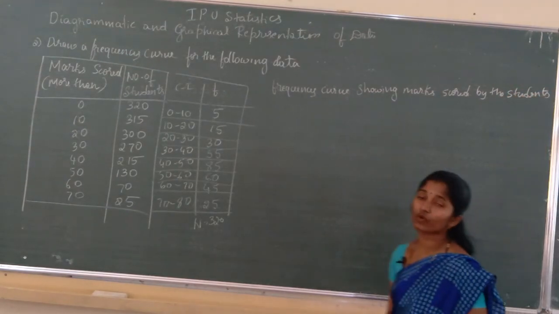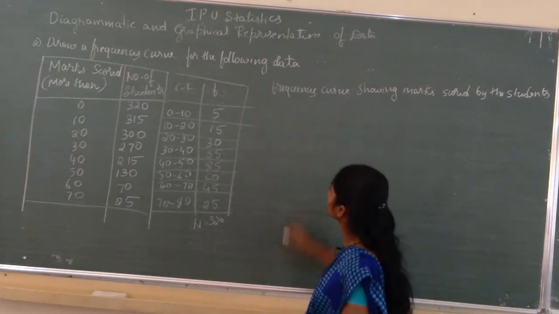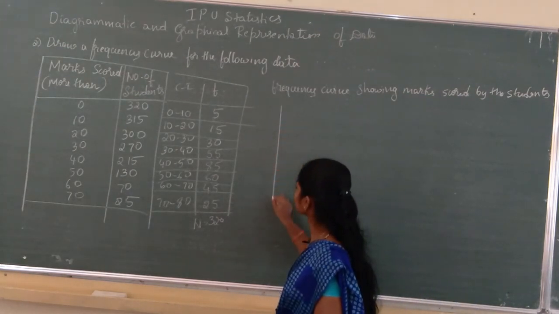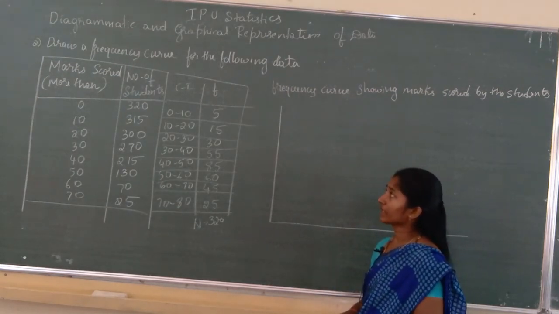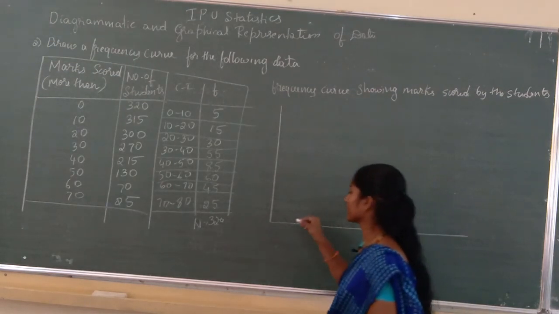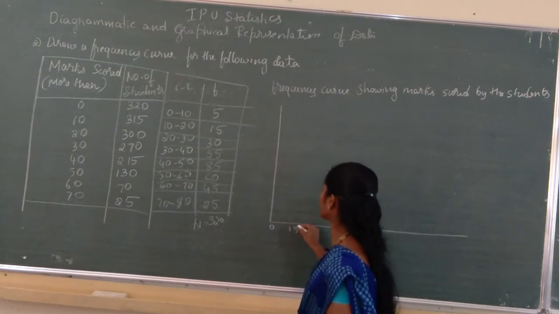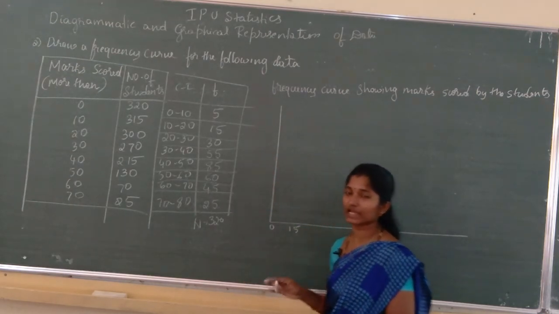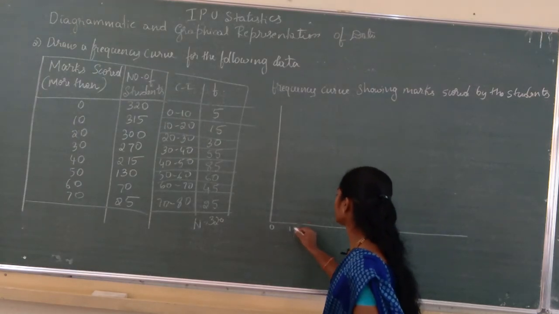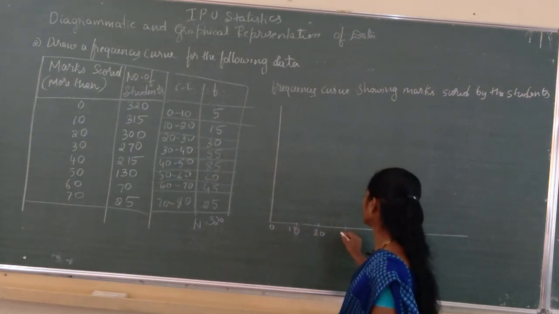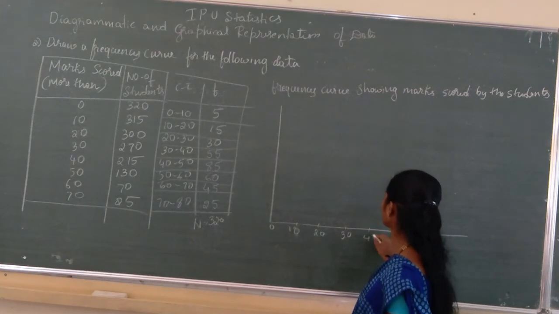Okay, marks scored by the students. So, we can take, now we will solve by taking directly 0 to 10, or you can take the class mid values. Class mid values ತಗೊಳ್ಬೋದು ಅಥವಾ ಹೀಗೆ ಸಹ ತಗೊಳ್ಬೋದು. 0, 10, 20, 30, 40, 50.